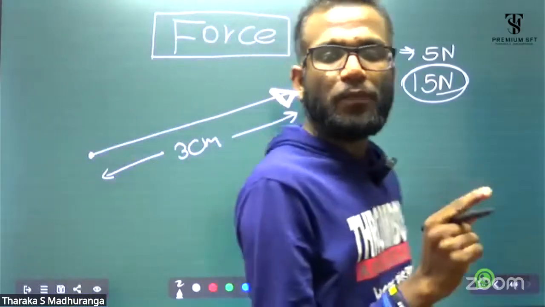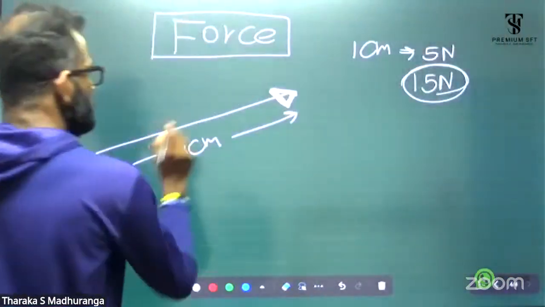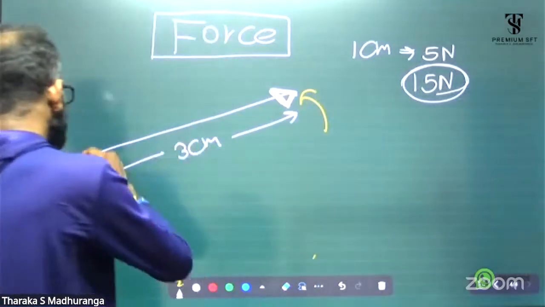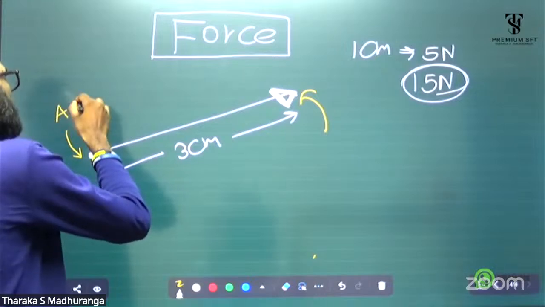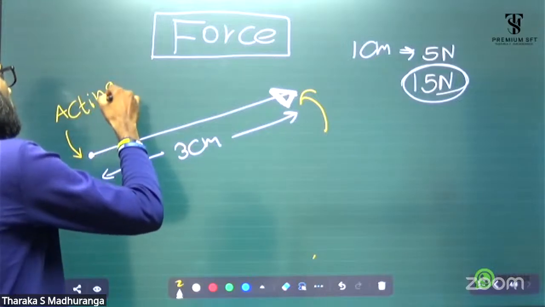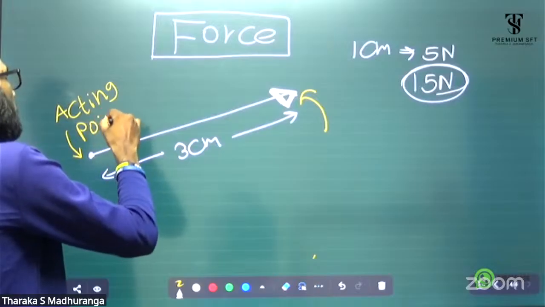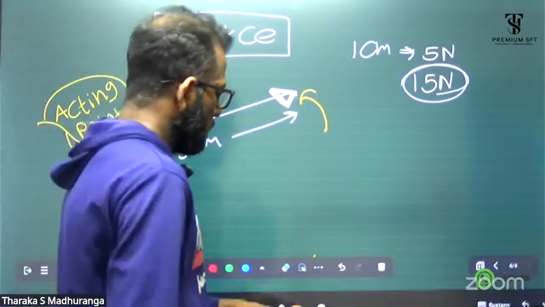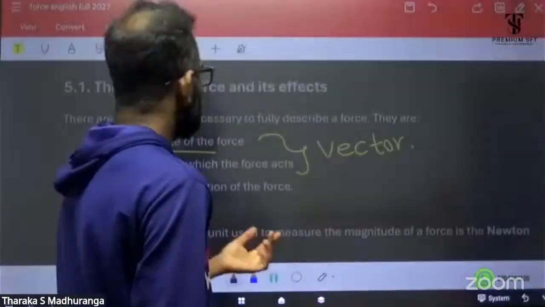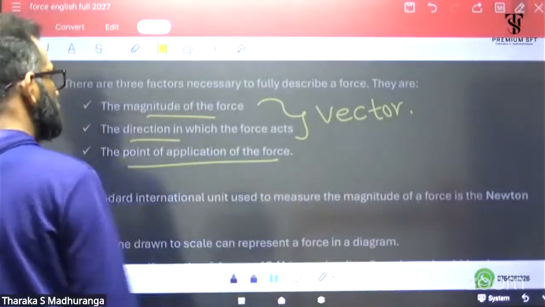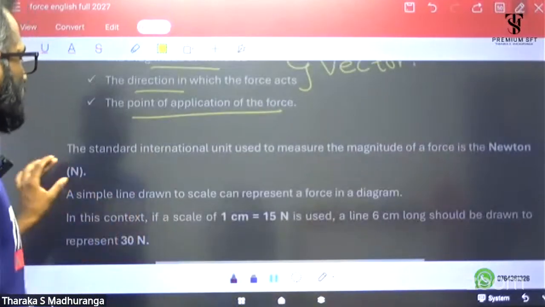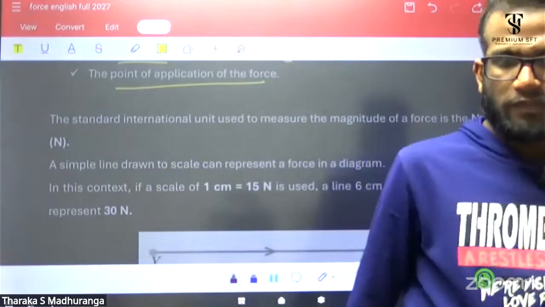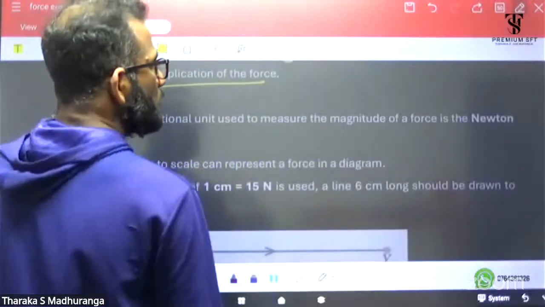This is the acting point of the force, the point of application of force. As you already know, the standard SI unit of force is the Newton.